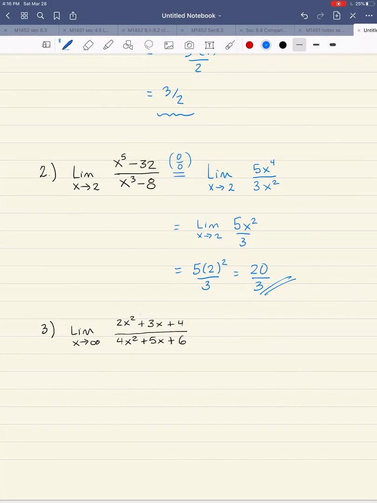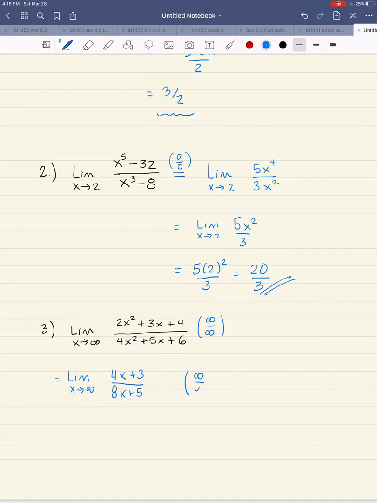I'm going to get that same limit by using L'Hopital's rule. So numerator and denominators are functions of x. X's are going to infinity, so it has the indeterminate form of infinity over infinity. We take the derivative of the top, divide it by the derivative of the bottom. On top, my derivative is 4x plus 3. On bottom, my derivative is 8x plus 5.